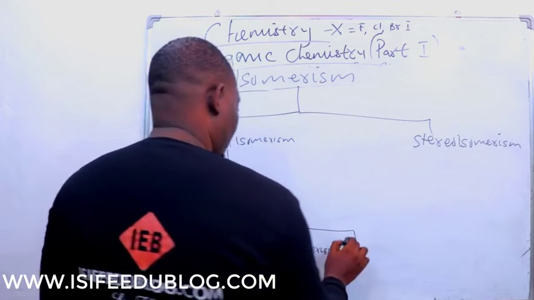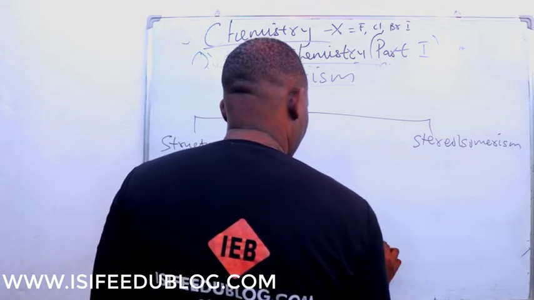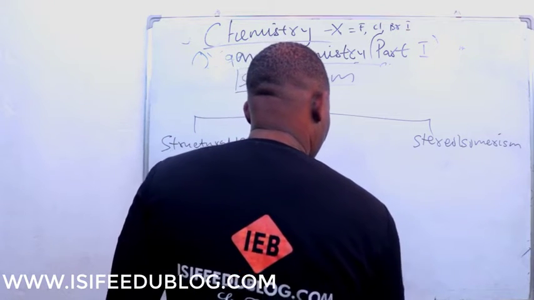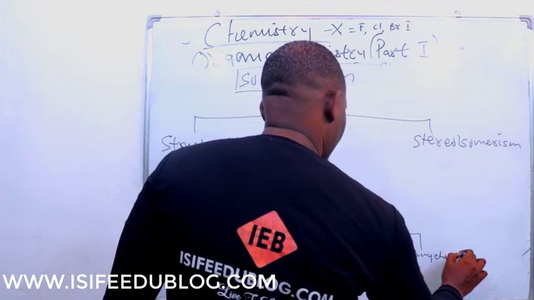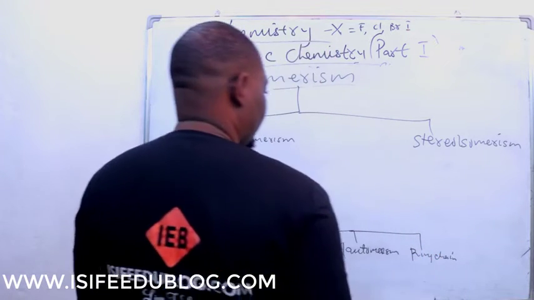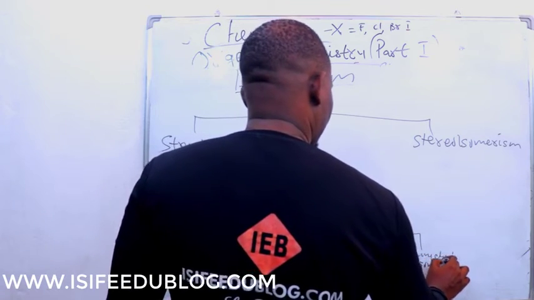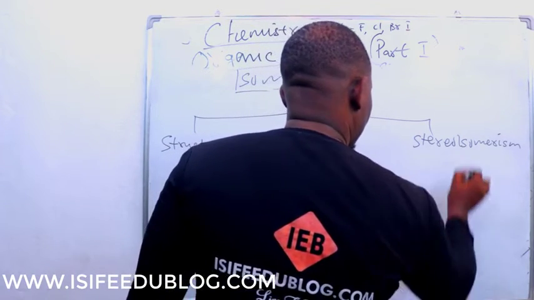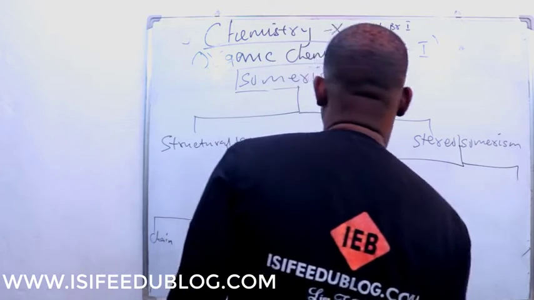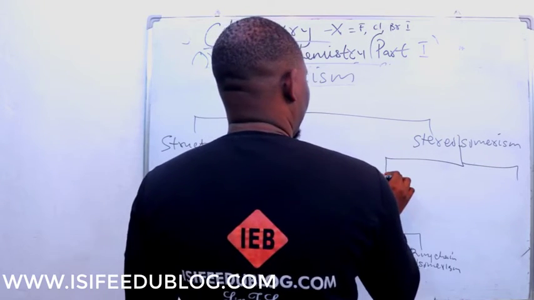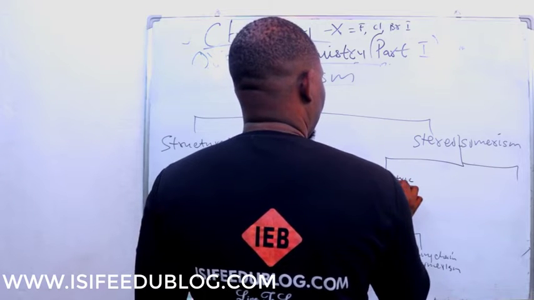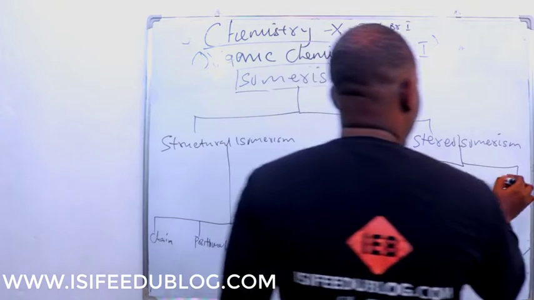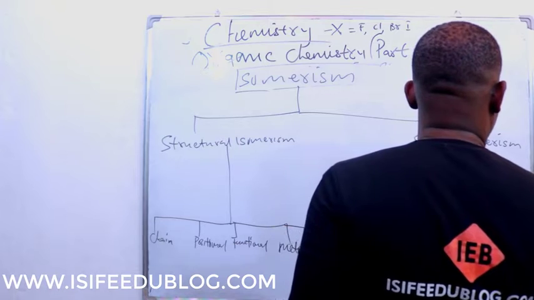Next, we have tautomerism. And the last, we have ring chain isomerism. There are 2 types of stereoisomers. We have geometric isomerism, and then we have optical isomerism.